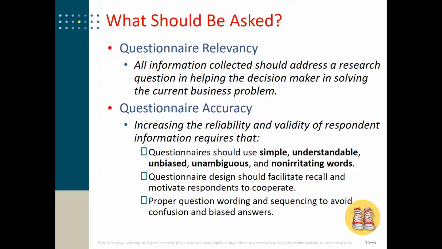Now, let's say marital status. Does it have any relation with any of your research questions or hypotheses? Does it contribute to achieving your objective of the research? If not, don't ask this question. If yes, then ask. So all the questions have to be relevant.